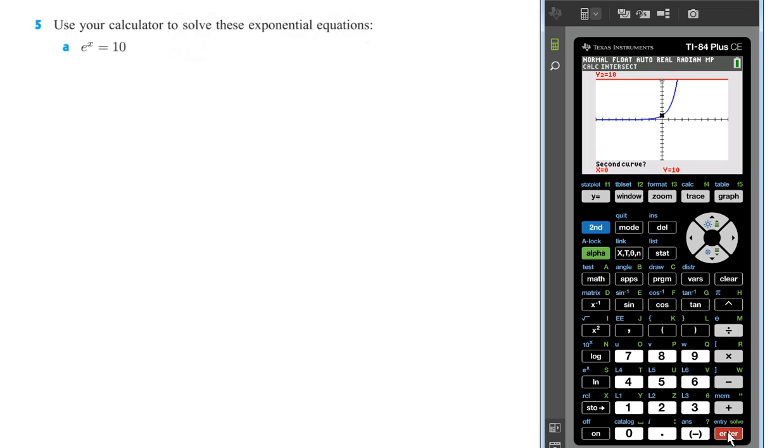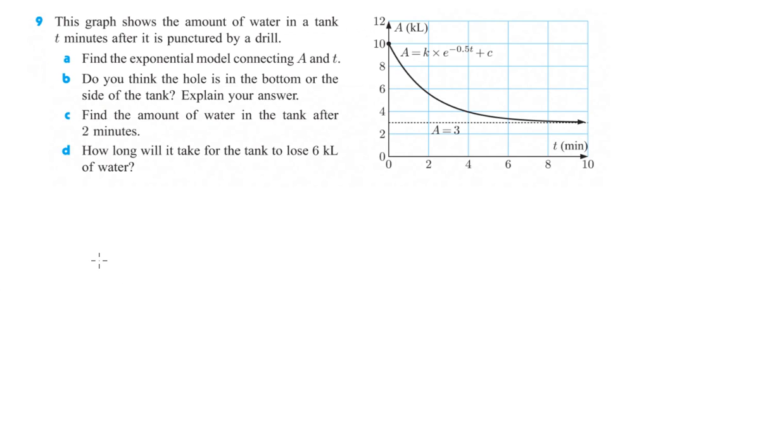That's the first graph. That's the second graph. Give it a guess, sure, and it gives us 2 point. Doesn't say where to go to, so I'm going to go to 3 significant figures, 2.30. Okay. All right. And then number 9.